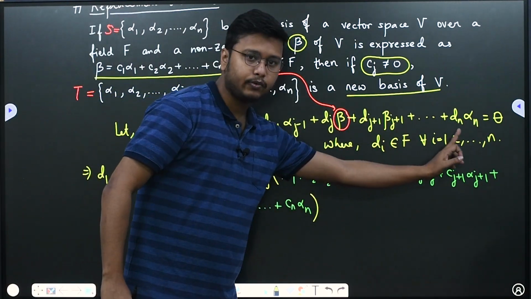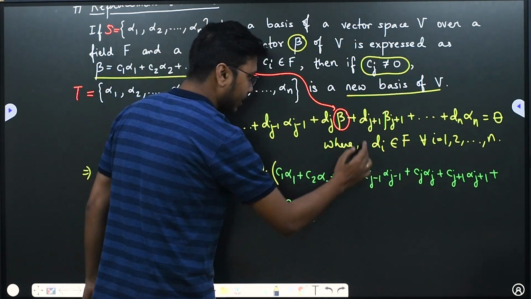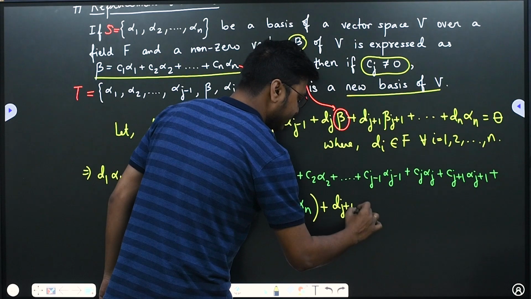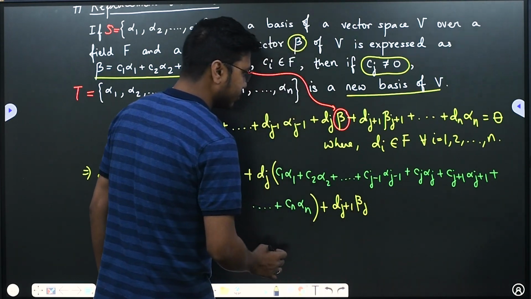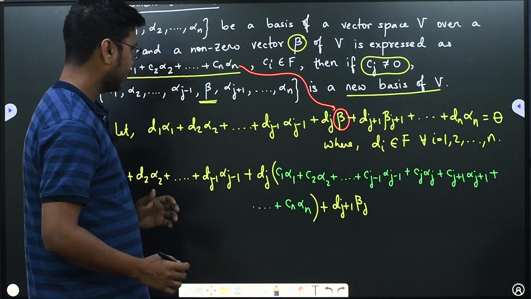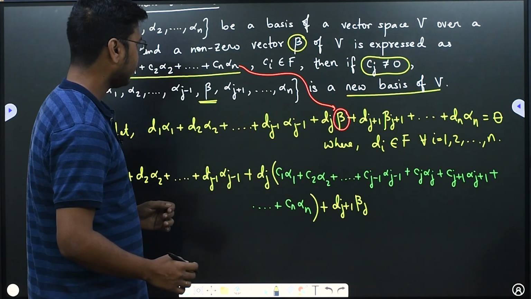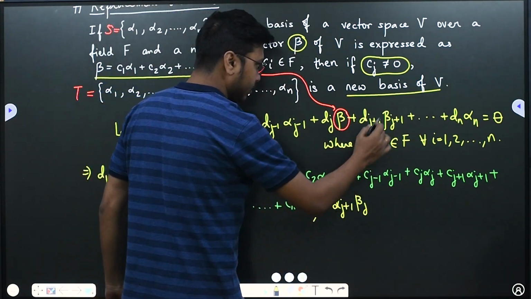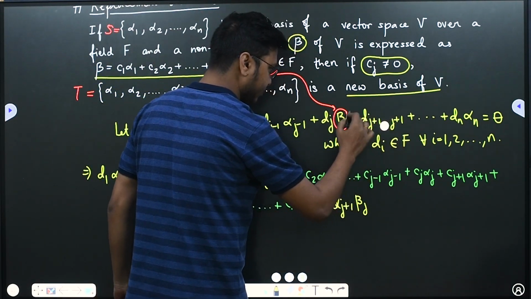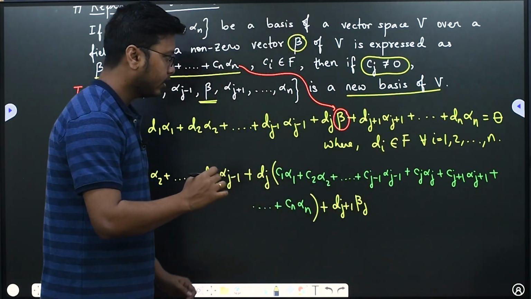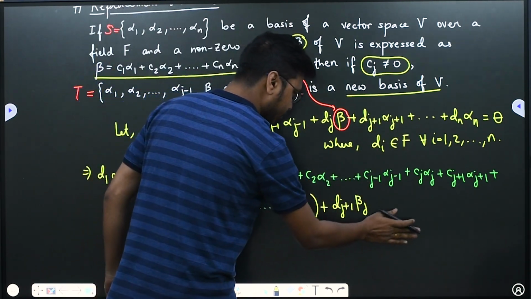Then again we continue with what we had, dj plus 1 alpha j plus 1. Sorry, I wrote beta j plus 1 earlier, but this should have been alpha j plus 1. That was a writing error, just ignore that.